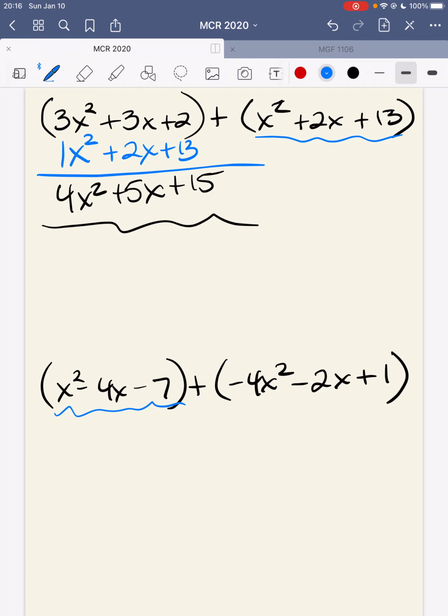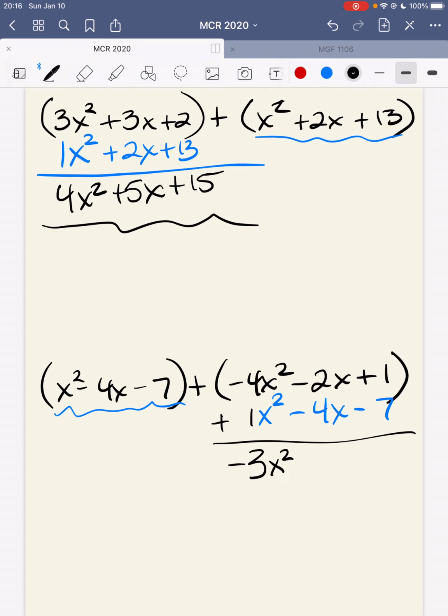So my x squared is going to be written under my x squared term. My 4x is going to be written under my x term, and my minus 7 under my number. And I'm just going to add them together. So a negative 4 plus 1 is going to be a negative 3x squared.